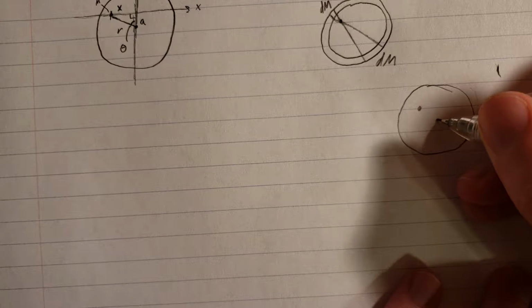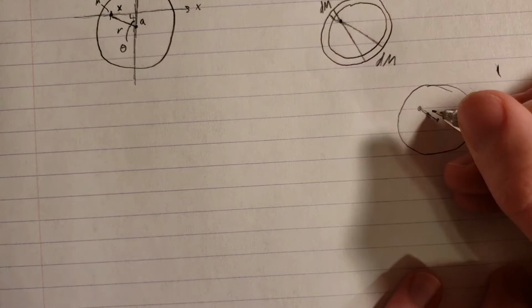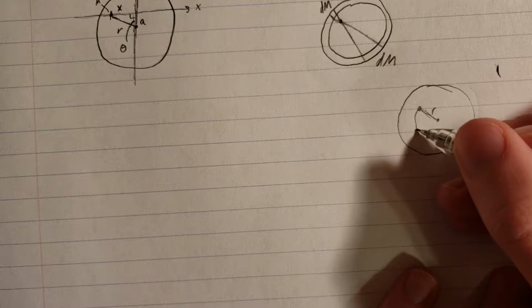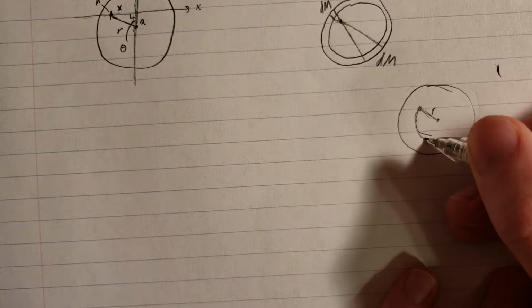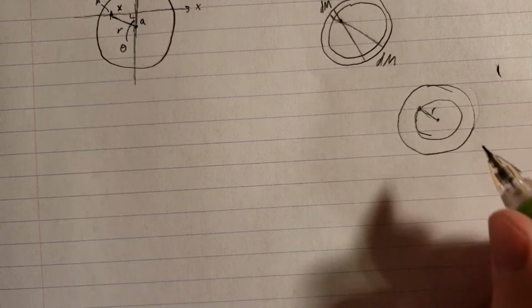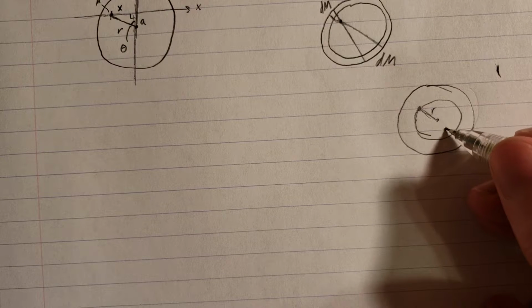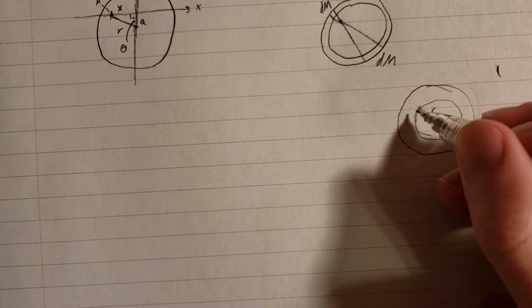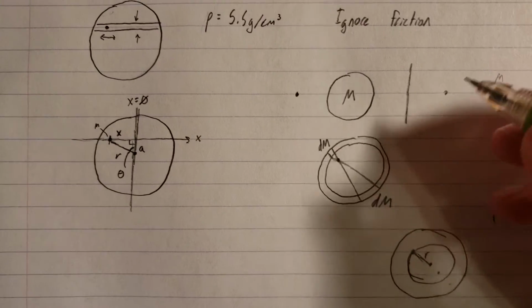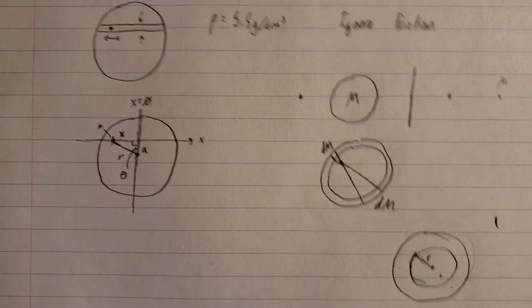Here's the center of the sphere, and here's the separation r. Now, if we draw a concentric sphere, also with radius r, imagine that's a concentric sphere, then what we're really dealing with is two spheres here, one solid sphere that we're on the outside of, and one hollow sphere that we're on the inside of. It's basically these two situations sort of superpositioned, if you will.